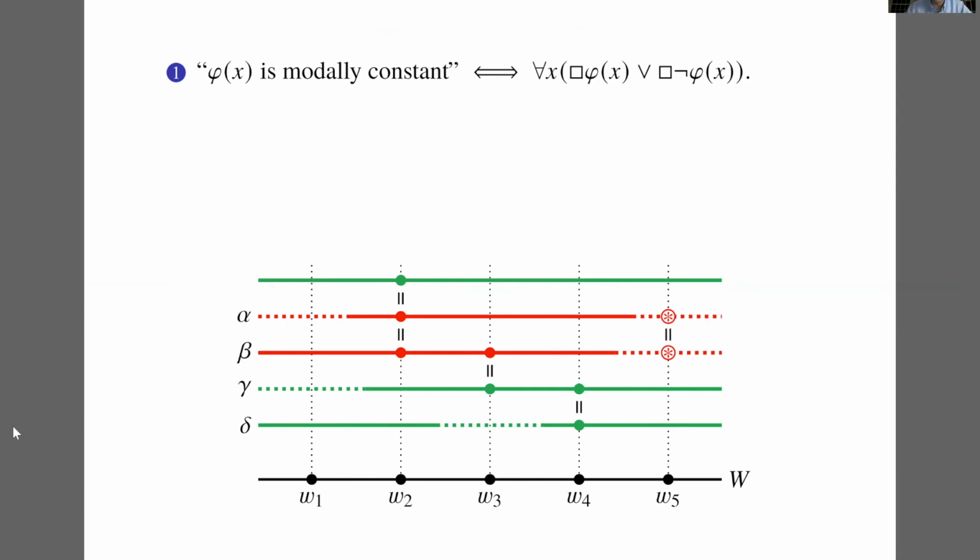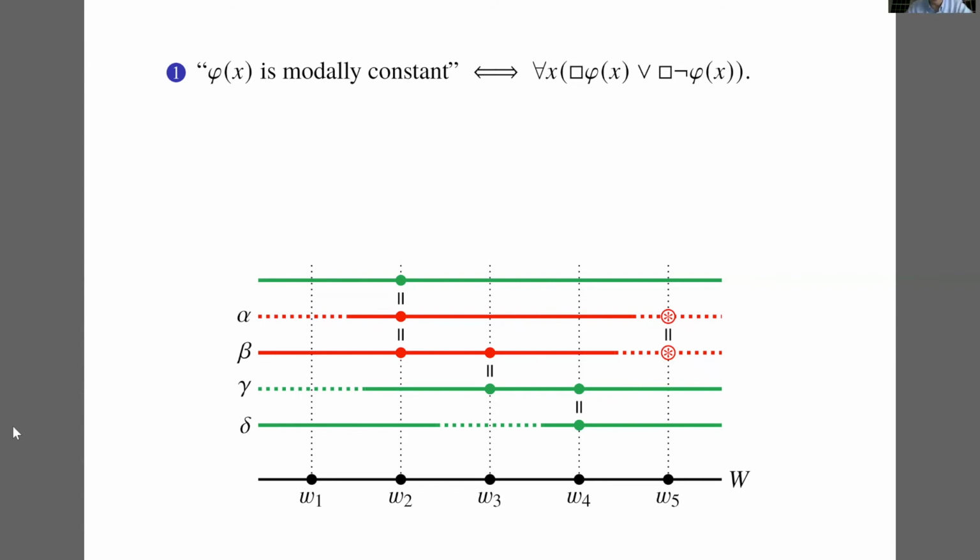By which I mean that for any x, phi is modally constant means that anything x satisfies it necessarily, or, I mean, necessarily fails to satisfy it.